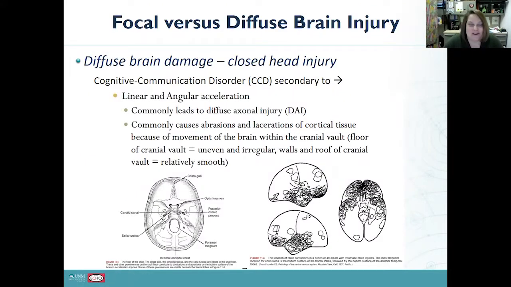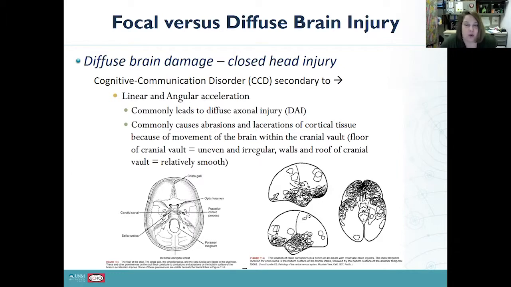So yeah, thank you for going back to that slide. So in the case, for example, of closed head injury with linear and angular acceleration, I'm not telling you anything new, but we know this commonly leads to diffuse axonal injury, and there are actually quite predictable patterns of damage to surface areas of the brain as well.